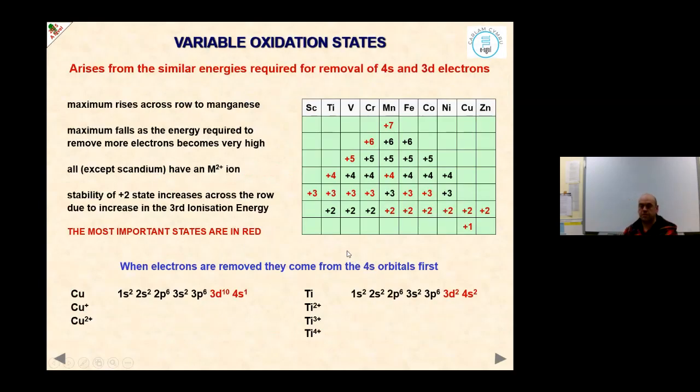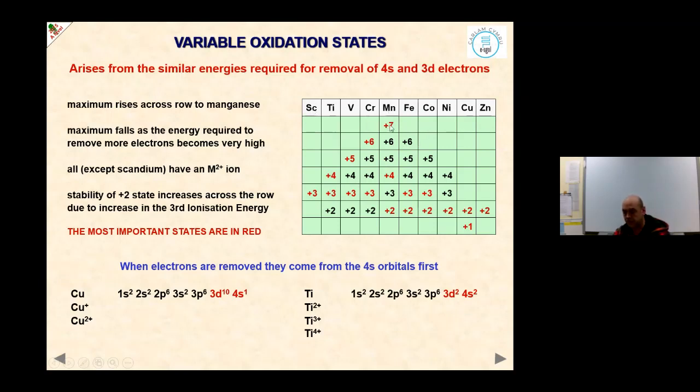So what do you need to know for the exam? Well, you need to know the common oxidation states, and there is this little table here, which is quite useful for remembering the oxidation states that these transition metals can form. With manganese being the one with the highest oxidation state, you can form this pattern with the elements running from scandium to zinc.